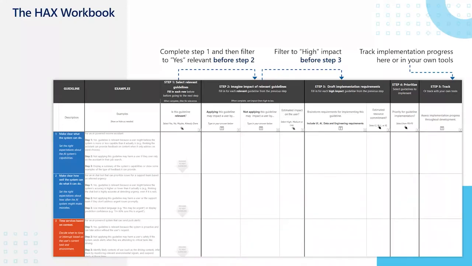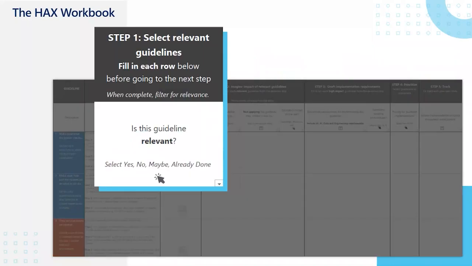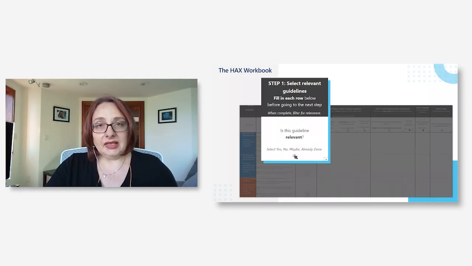So let's see what step 1 entails. In step 1, the team would first go through each of the 18 guidelines and select which ones are relevant. As Saleema explained, not all guidelines are applicable to all products. And so for step 1, for each guideline, teams would answer yes, no, maybe, or already done.